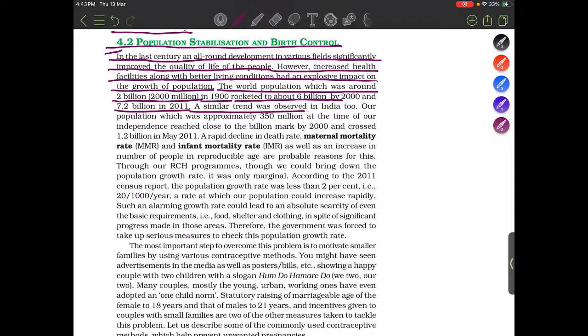A similar trend was observed in India too. Our population, which was approximately 350 million at the time of our independence, reached close to the billion mark by 2000 and crossed 1.2 billion in May 2011.